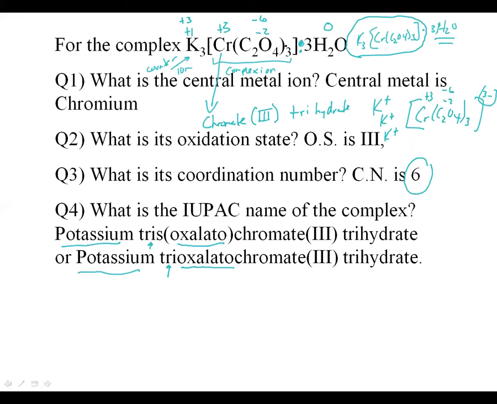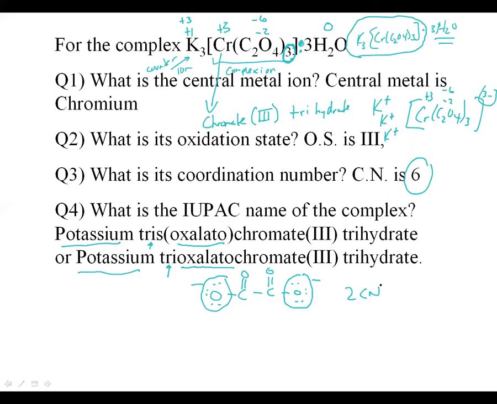And again, the important part here is what I was trying to get across earlier. It's not always going to be this number that I'm circling. And it's not this number because in this particular case, the ligand is oxalate. And as we saw earlier, for every one of those oxalate molecules that are there, you actually get 2 for the coordination number if you want to think about it that way. So since there's 3 total oxalates there, that is 2, 4, and 6 oxygens that are basically attaching to that chromium.